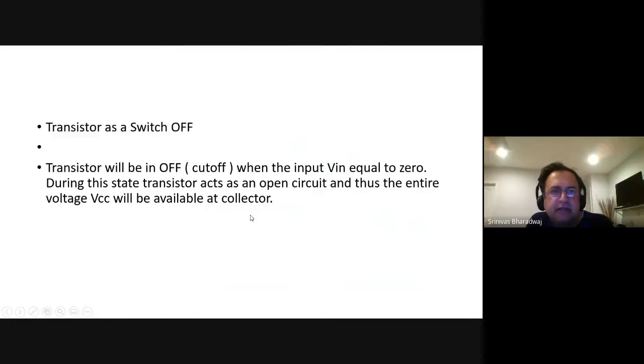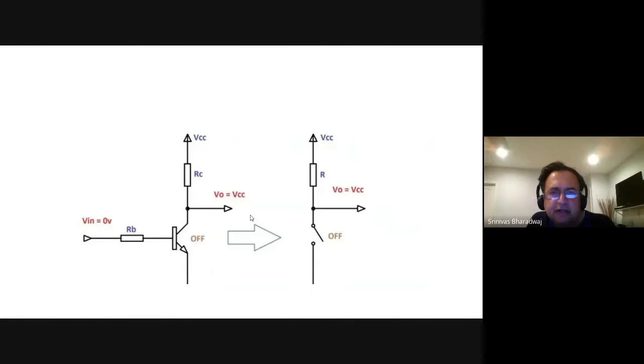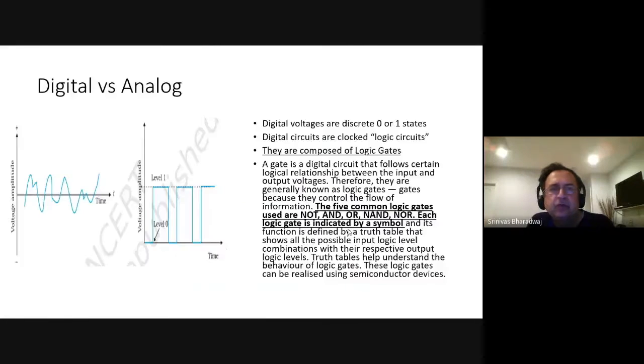In the second case, the off case, the transistor is off, and therefore whatever voltage you're applying does not pass through. So that is the simple explanation for what is called a logic gate.